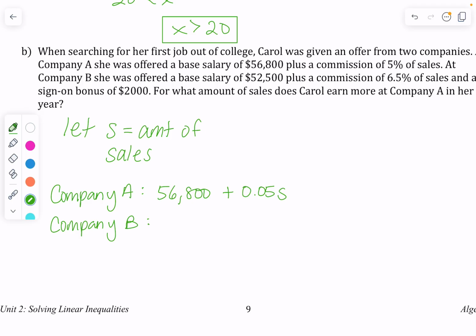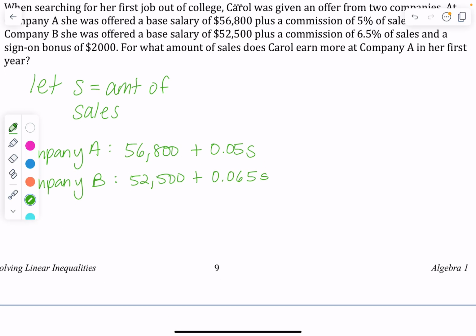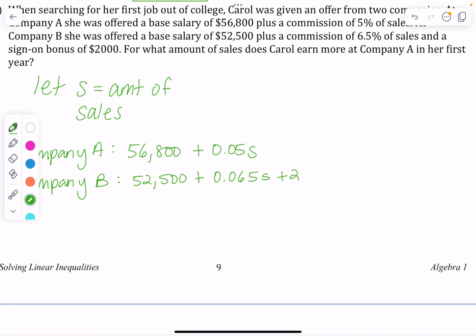For Company B, it said she was offered a base salary of $52,500 plus a commission of 6.5% sales. Well, move the decimal to the left twice or divide that 6.5 by 100. And a sign-on bonus of $2,000.